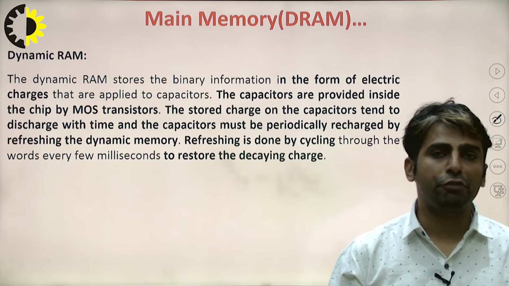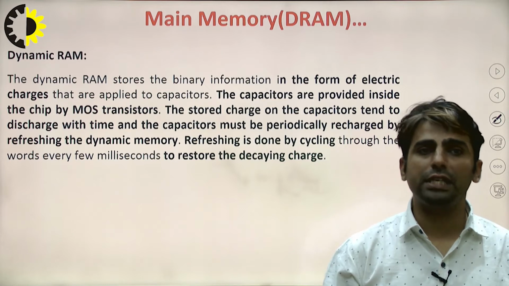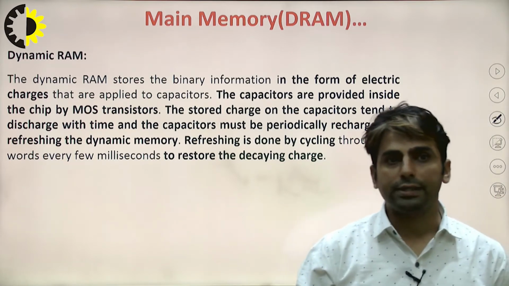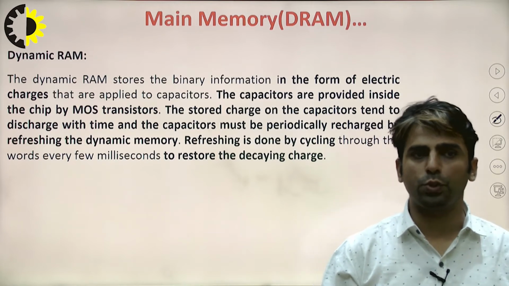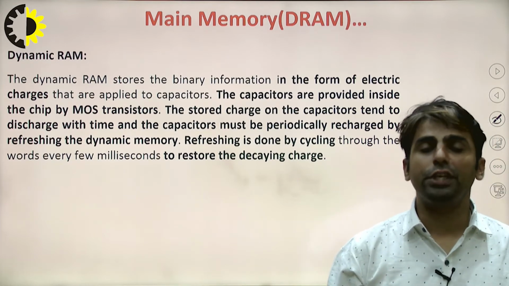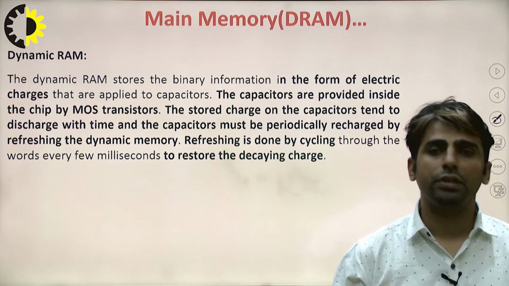That is why the refreshing of the dynamic RAM is required, and refreshing is done by cycling through the words every few milliseconds to restore the decayed charge. That is why we say that refreshing of the dynamic RAM is required, because there is a decay of the charge.